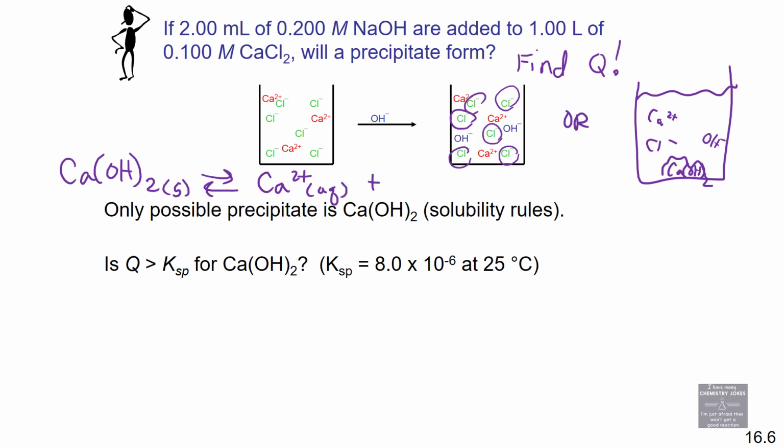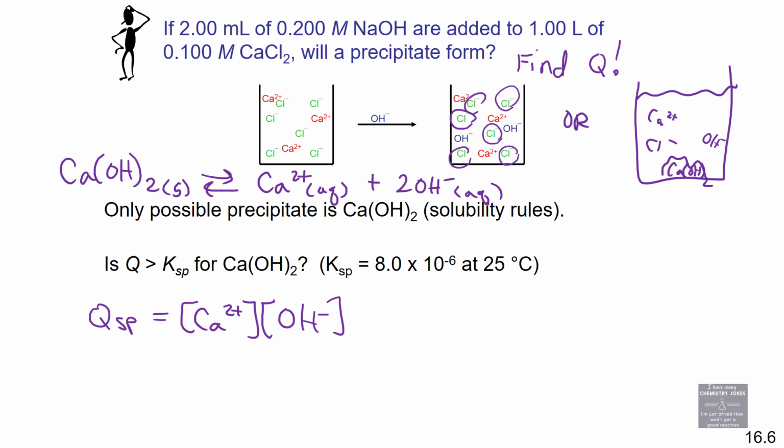And that's this equation. KSP, or QSP, is calcium times hydroxide squared. So we need to know the concentration of calcium and the concentration of hydroxide. Well, if it's 1 liter of 0.1 molar calcium chloride, that means the concentration of calcium is 0.1 molar.